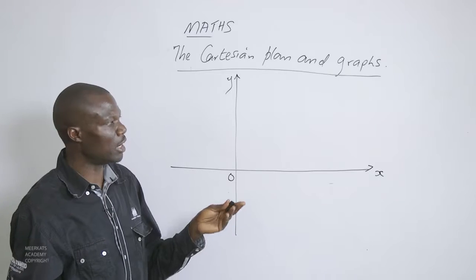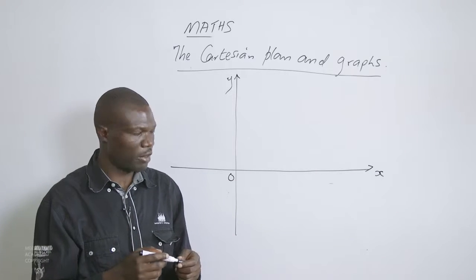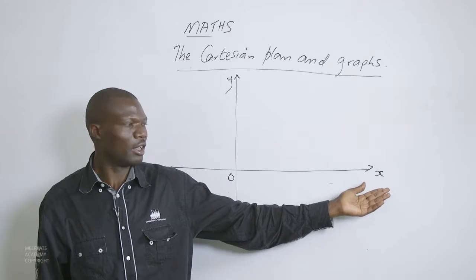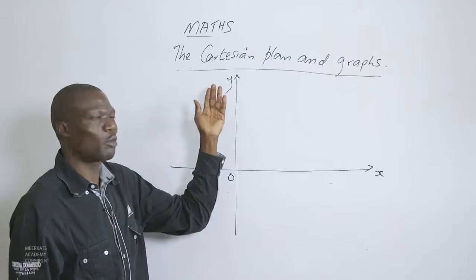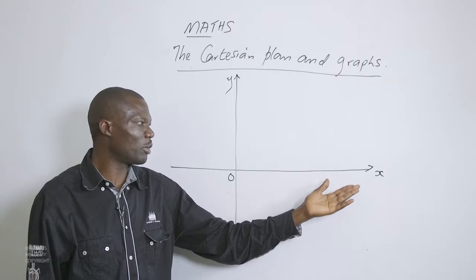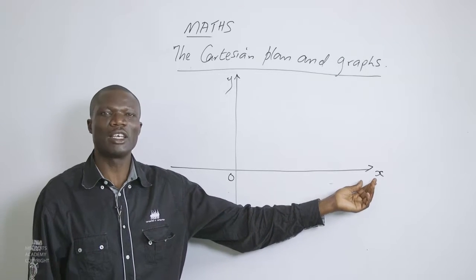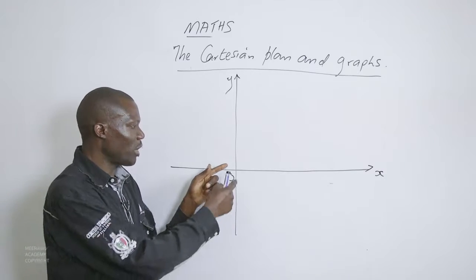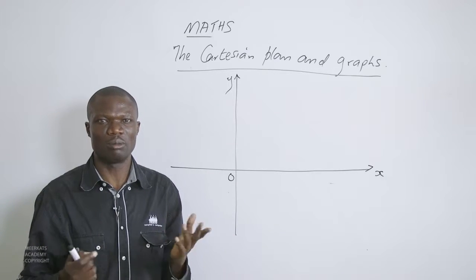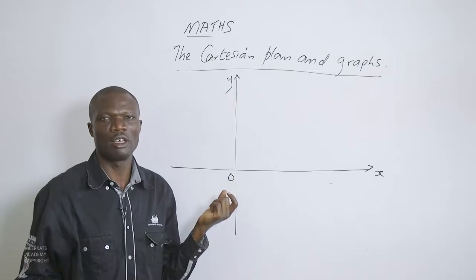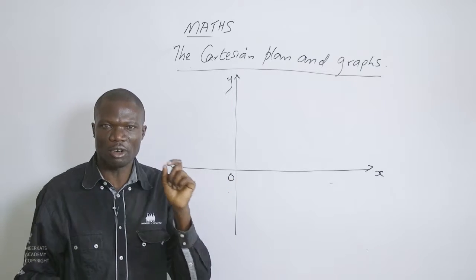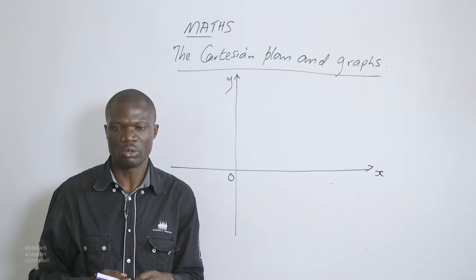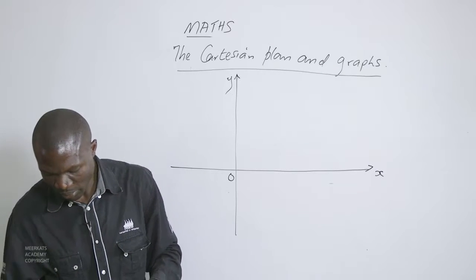Now, when I say the x and y variables, we have the x and we have the y. We shall look at it in a way that maybe x is the input and y is our output. The point where the two axes meet or intersect, we look at it as the origin, and it is denoted by a capital letter O or a 0.